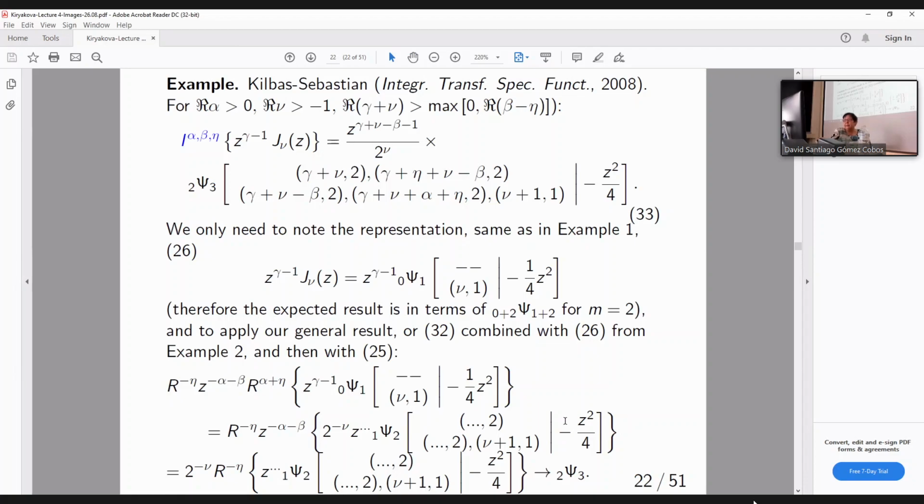Naturally, because the Bessel function is 0 psi 1, and you need to increase by 2 the indices p and q, and then you go 0 plus 2 is 2, and 1 plus 2 is 3. So we have this function we know in advance.